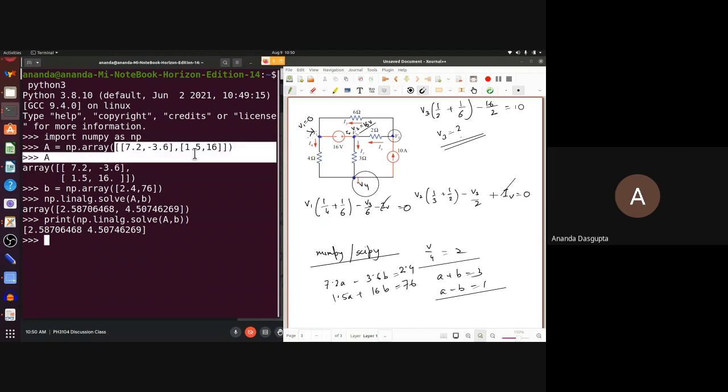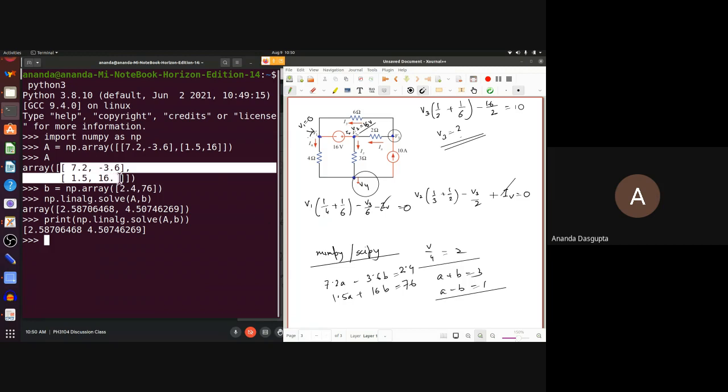So this is really a list of lists which contains the rows, but then you are using the array function to convert that thing into an array, a NumPy object, whose details, of course, are very, very important if you want to keep on using this over and over again. But even without that, this is very important. So the array, and B is simply a flat array with two elements, 2.4 and 76, and that's it.